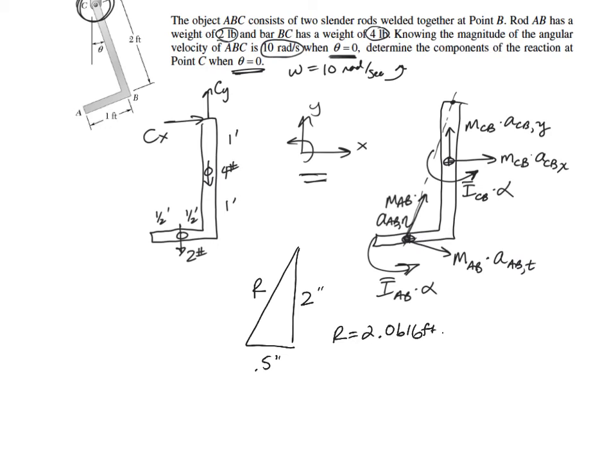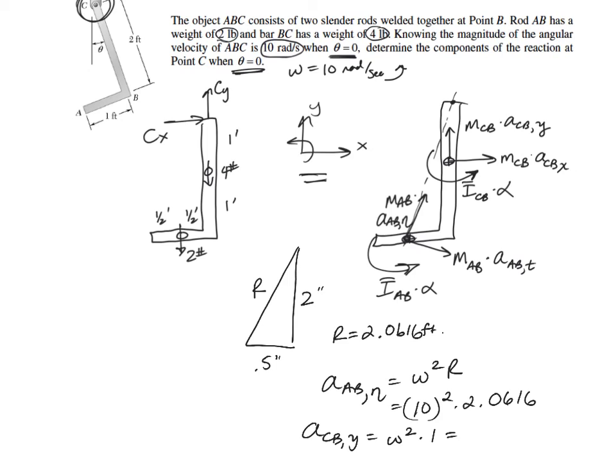And so we've got some relationships here: the acceleration of AB in the normal direction would be equal to omega squared r, which would be 10 squared times 2.0616. We also have the acceleration of CB in the y direction, which is going to be omega squared times 1. Right, its lever arm of 1 foot, 10 squared times 1.